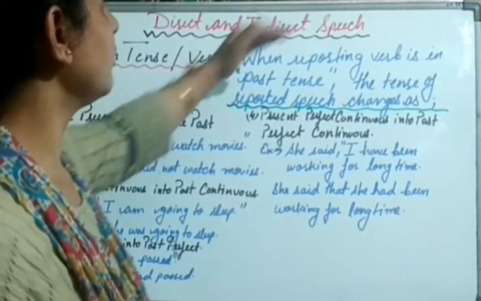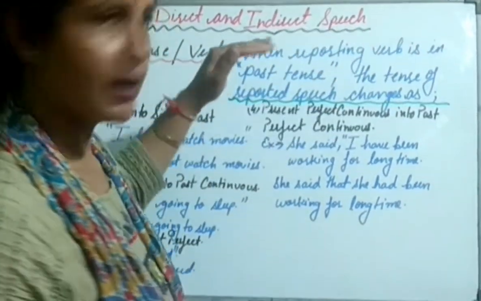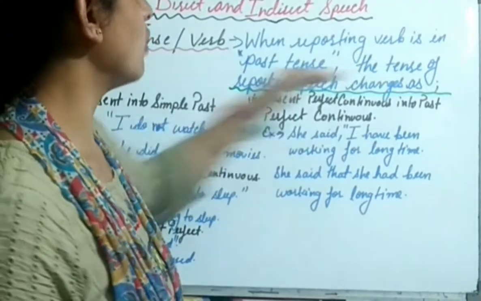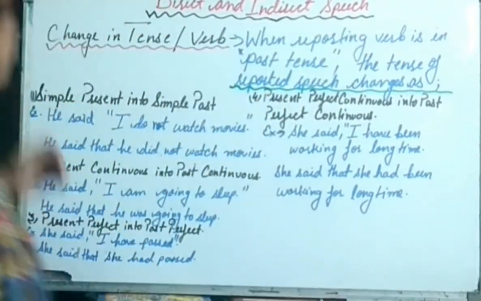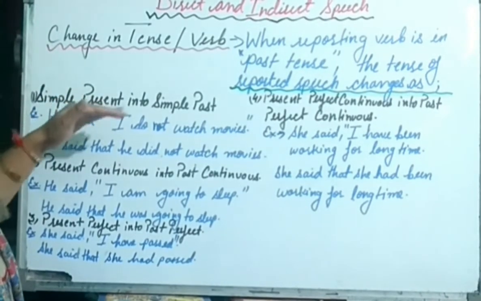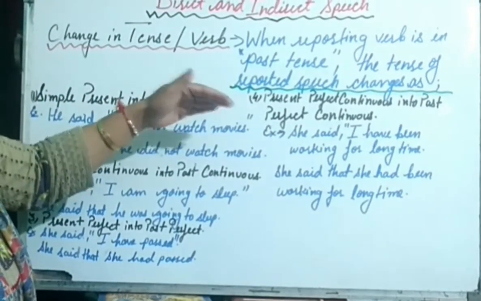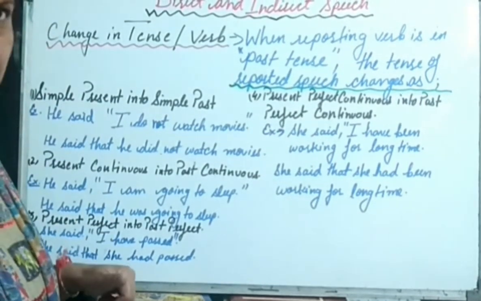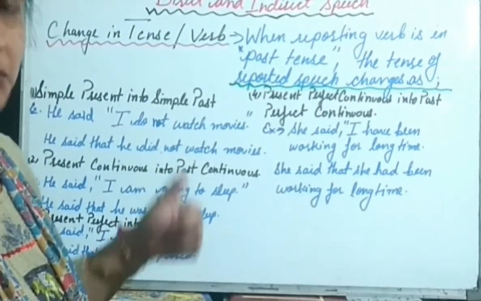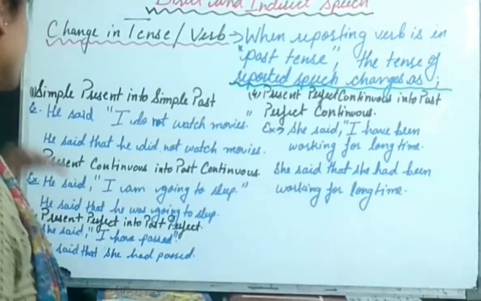Yes, children, when the reporting verb is in past tense, the tense of reported speech changes as follows. Simple present into simple past. This simple present we change into simple past while converting direct speech into indirect speech.